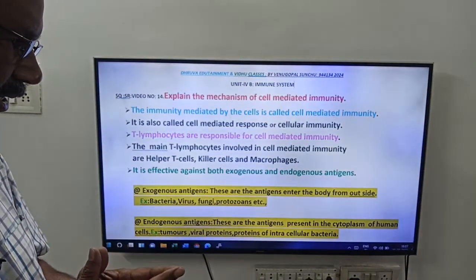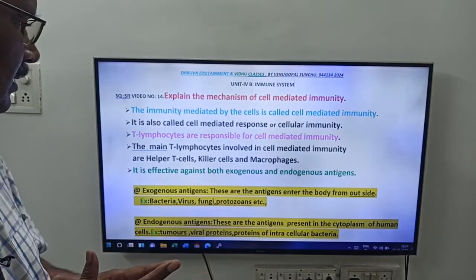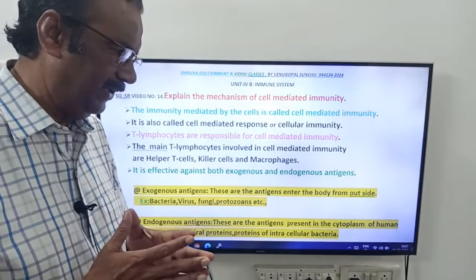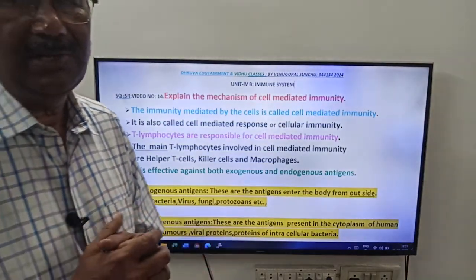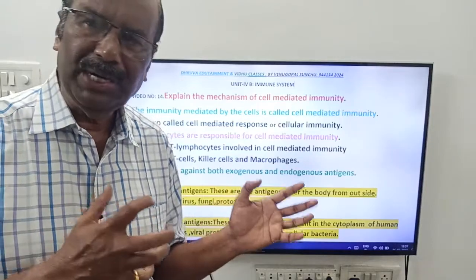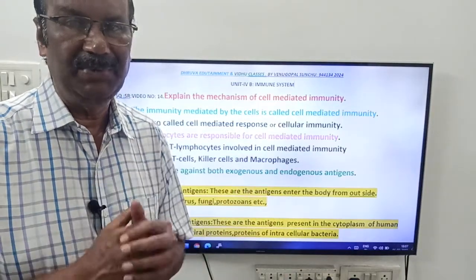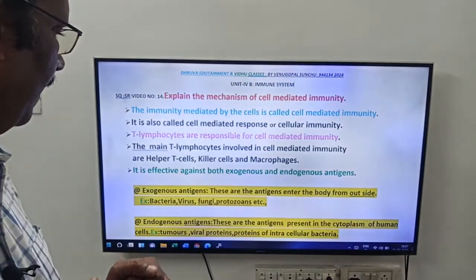Yes. The T lymphocytes, what are they, friends? Helper T cells, killer cells and macrophages play an important role in cell mediated immunity. What are the T lymphocytes involved?